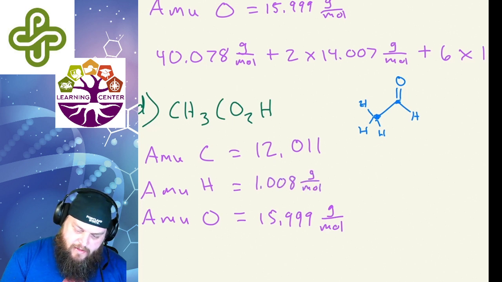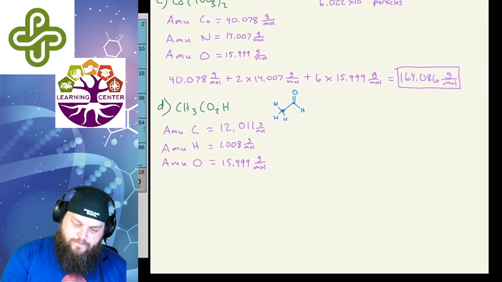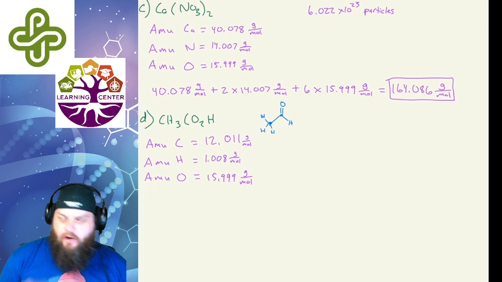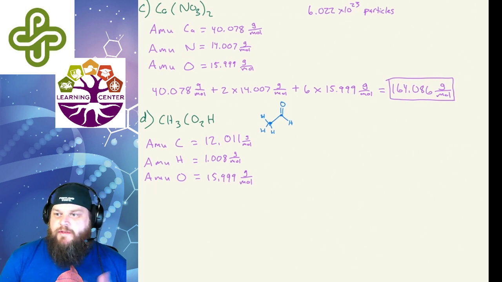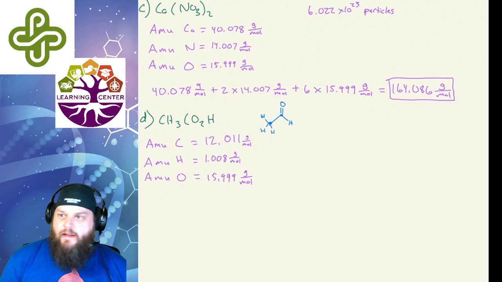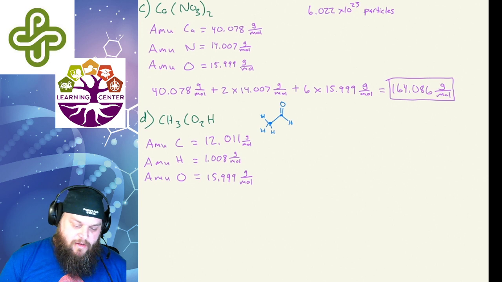Let's put those in. Grams per mole. Hydrogen, carbon, and oxygen are things you're going to be using very, very often. You're just going to start to know what those are off the top of your head the more you use them. So have your periodic table handy and know how to look them up when you don't know them. And if you remember them, that's great. Saves you a little bit of time.